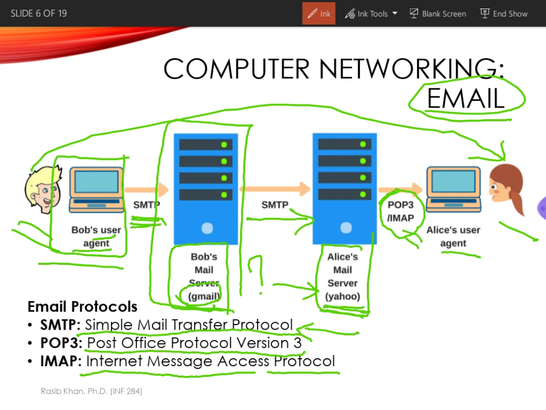Using these two protocols, the mail server notifies Alice: hey, I am your mail server, and you have a mail waiting on my server from Bob, who is with the Gmail mail server. So next, Alice's user agent, which is again the web browser or a desktop client such as Outlook, retrieves the email, and then Alice is able to read the email.